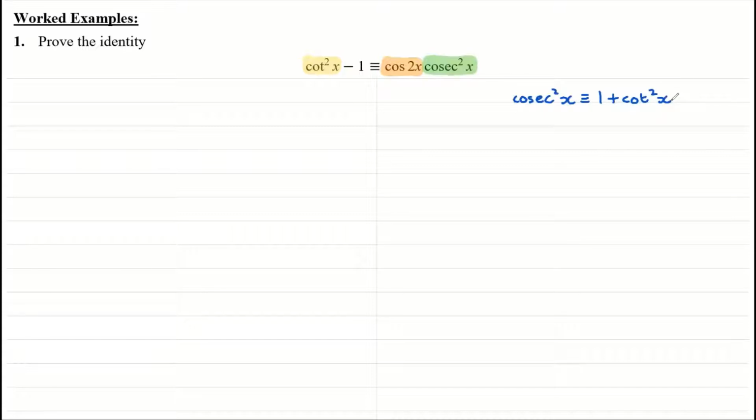So you'll notice that if you had cot squared x subtract 1, if we just do a bit of manipulation here, I would have to subtract 2 from both sides of this identity to get that. So that would give me cosec squared x subtract 2 would be identical to the cot squared x subtract 1.